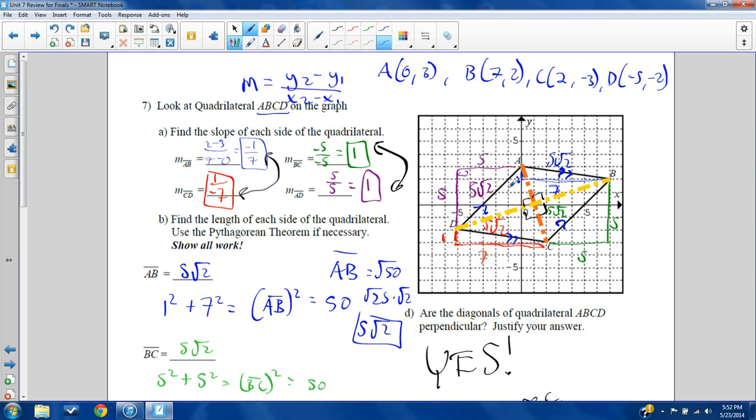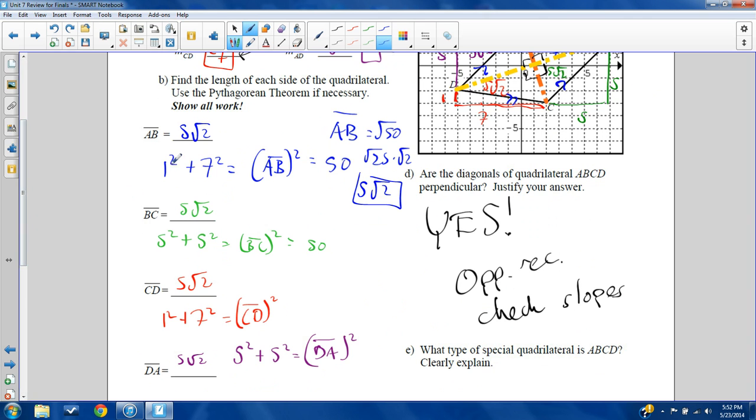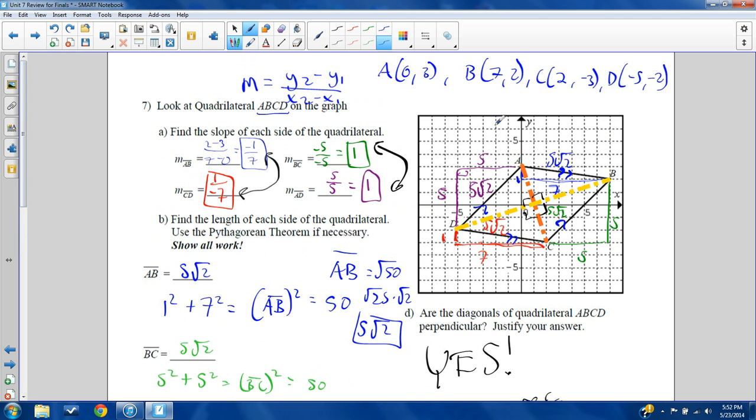So now we're at least looking at a parallelogram, because a parallelogram has opposite sides parallel. Both of them are. Okay, now let's check out lengths here. We have 5 root 2, 5 root 2, 5 root 2, and 5 root 2. All sides are congruent. They're all 5 root 2. What does that mean?